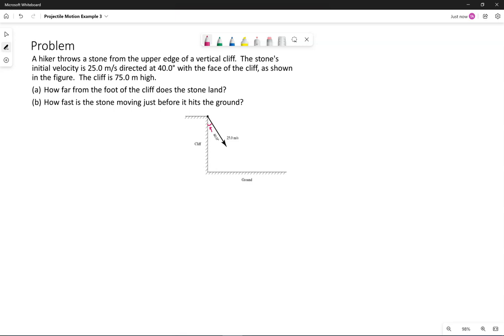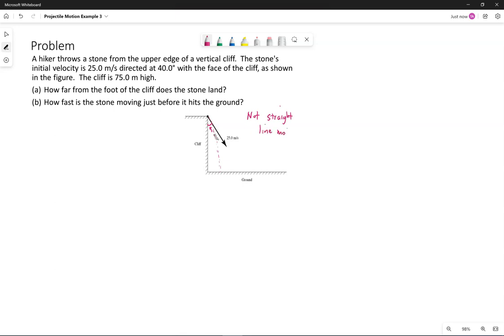Now again, we do need to recognize that this stone is not going to travel in a straight line. That vector is drawn rather long for the picture. The stone, as soon as it leaves, gravity starts taking over, and so its motion is a portion of a parabola. It's not straight line motion.